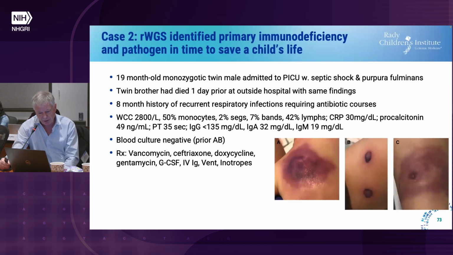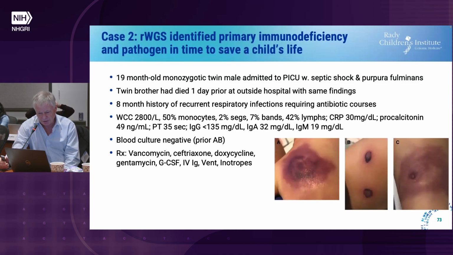The story was very similar in that we have a history of recurrent respiratory infections requiring courses of antibiotics. I don't have time to go through those findings, but for those of you who are immunologists, I know that you're just having a mental high there, and already you're thinking about what's the differential here.